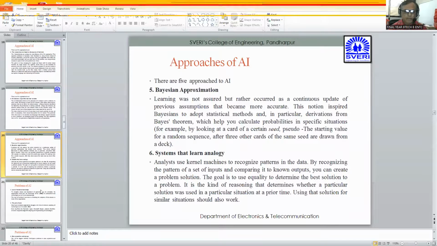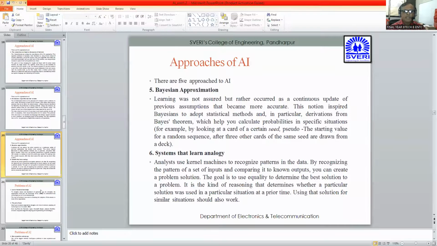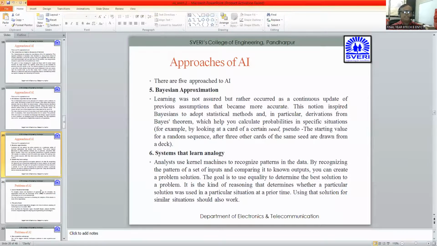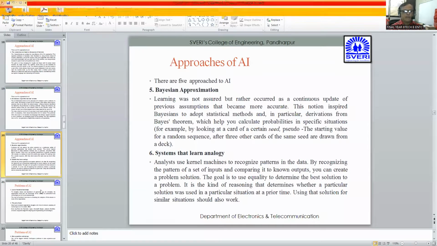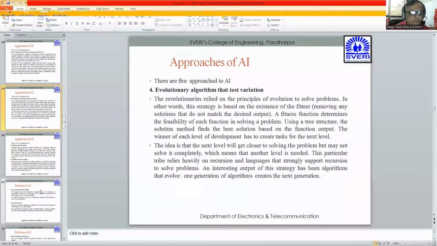So you might have to go to another situation at a prior time. Using that solution for similar situations should also work, and it can also be useful in a similar situation. So you can study the system using analogy, and that is what the concept of systems that learn analogy means. I do feel you might have understood all these concepts.